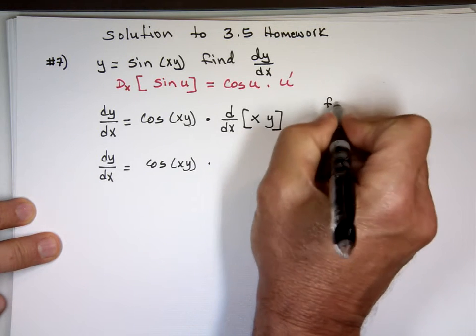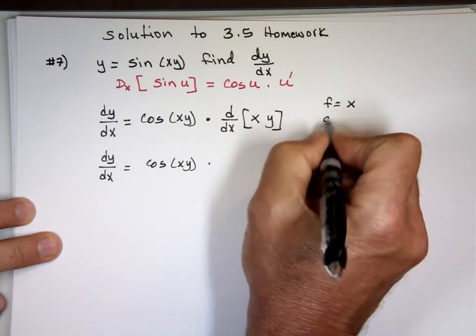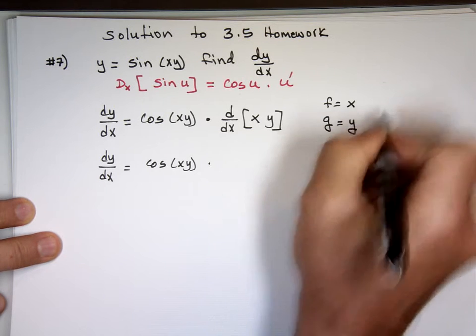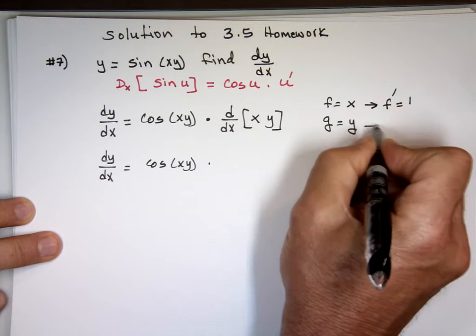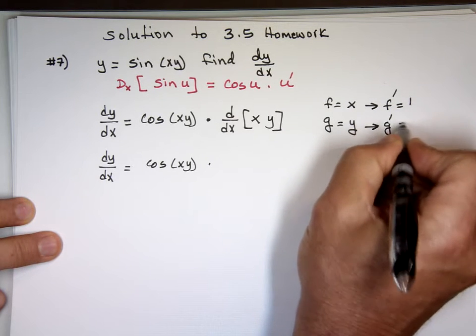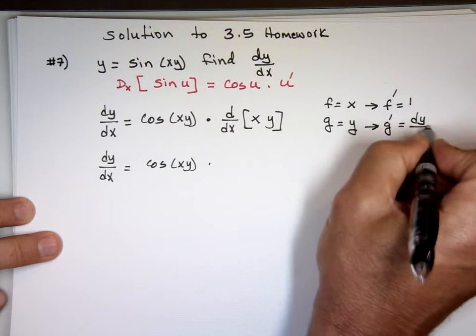Remember, f is the first one, which is x. G is the second one, which is y. The derivative of f is 1, since dx dx is 1. The derivative of g is dy dx.